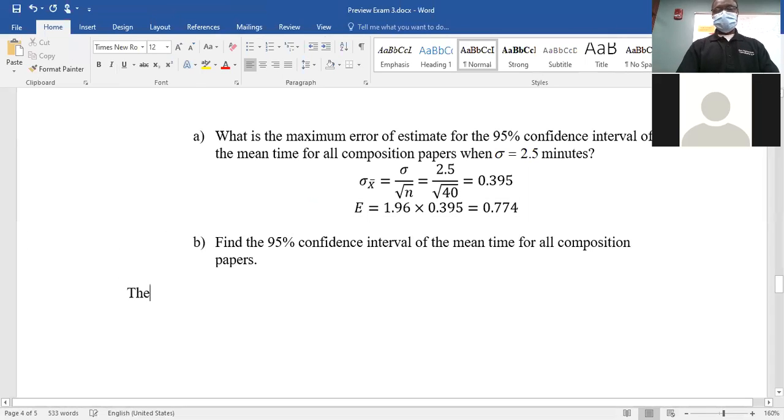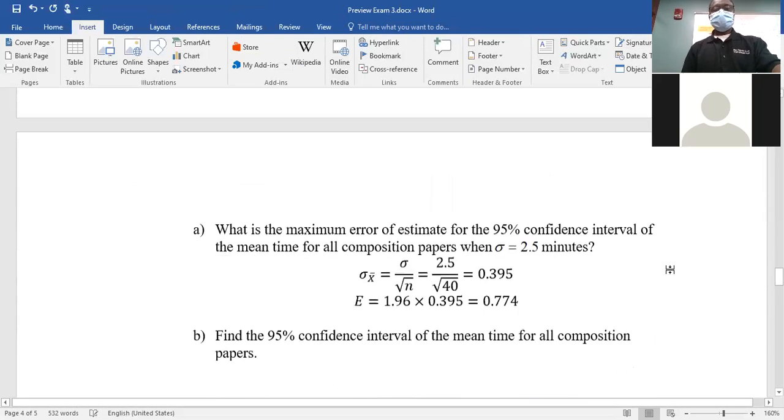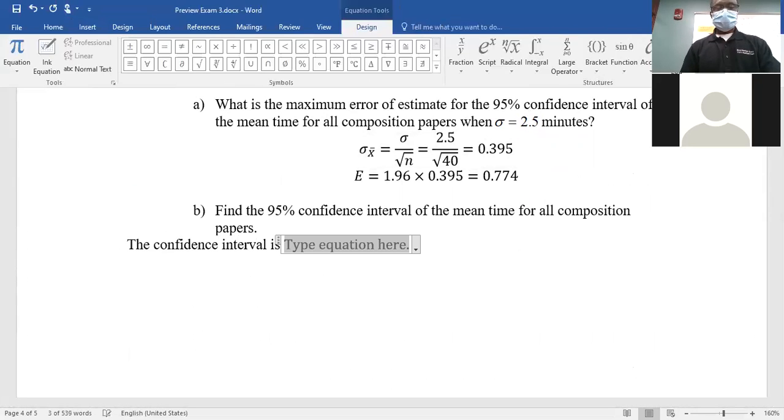So now the confidence interval will be what? Remember the mean? What was the mean? 12.6. So 12.6 minus 0.774 less than mean mu less than 12.6 plus 0.774.